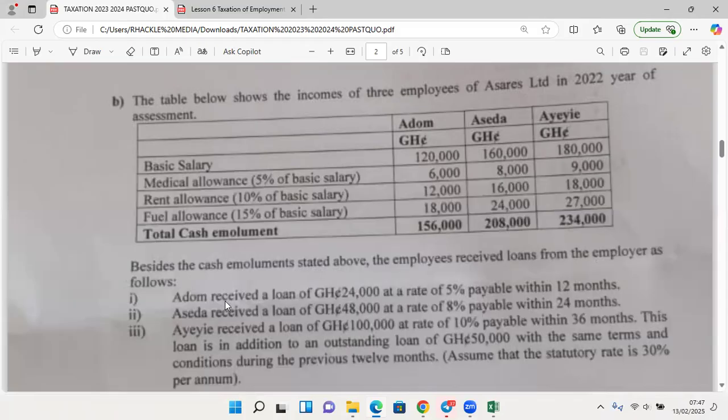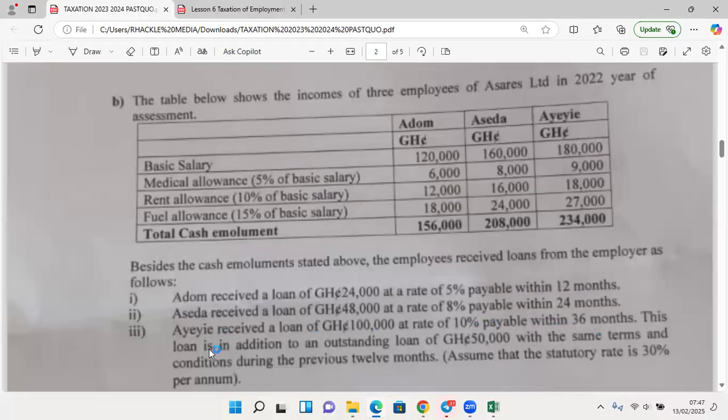So beside the cash emolument stated above, the employees receive loans from the employer, and they are as follows. Adun received a loan of 24,000 at a rate of 5%, payable within 12 months. Seda also received a loan of 48,000 at a rate of 8%, payable within 24 months. Ayeyi also received a loan of 100,000 at a rate of 10% within 36 months.